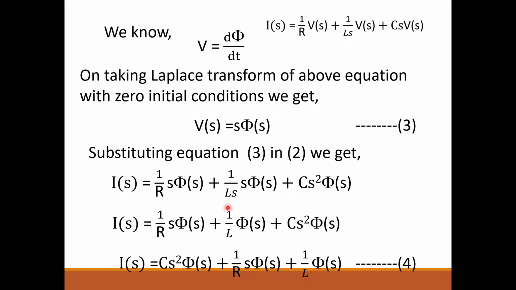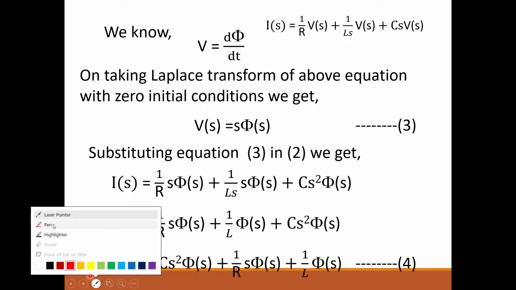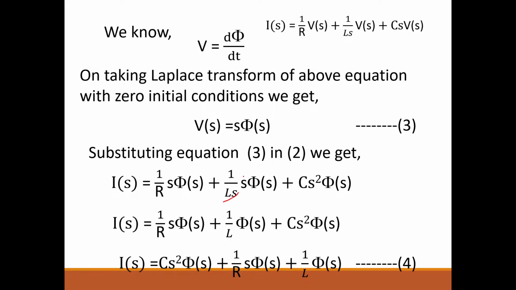S phi of S. Then plus 1 by Ls, write it as it is, and instead of V of S, write S phi of S. Plus C as it is, into S, and instead of V of S, write S phi of S, so you will get S square phi of S. In the numerator and denominator S is there, so you can cancel S. What is left over is 1 by R S phi of S plus 1 by L phi of S plus C S square phi of S.